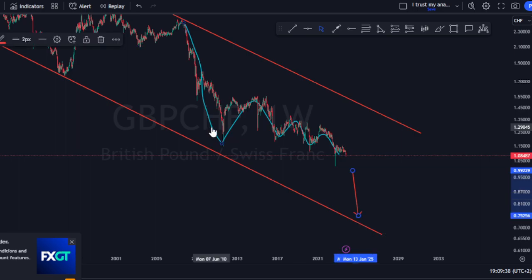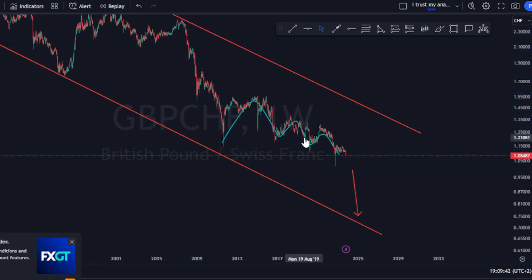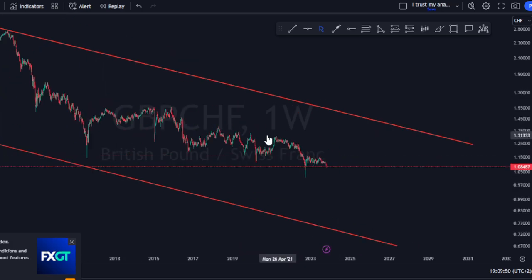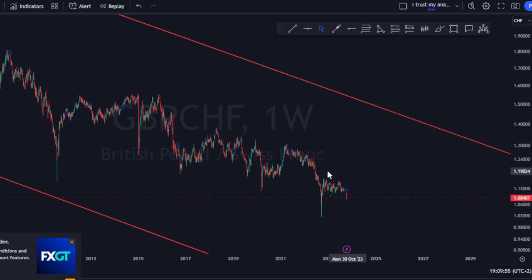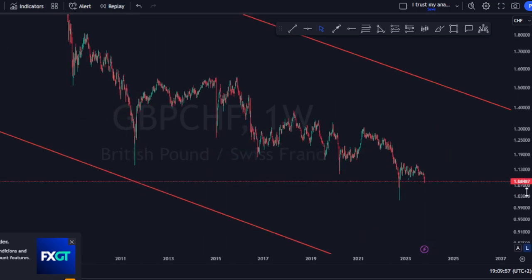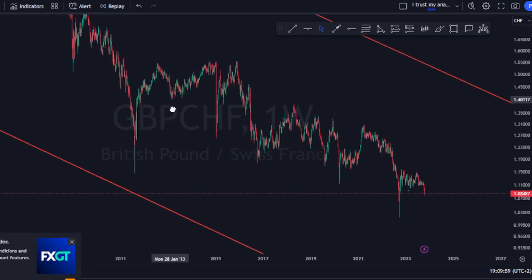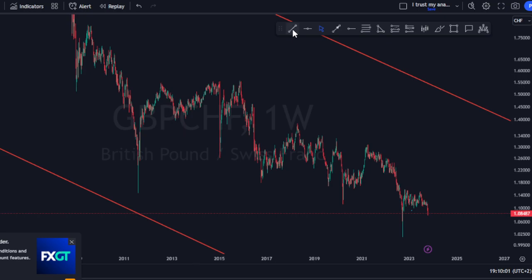But before that happens, what we're going to do is look for patterns within patterns, and we're going to do pattern separation. So let me just zoom in. I won't go down to the daily because it won't clearly show the structures or analysis I want to show you guys.